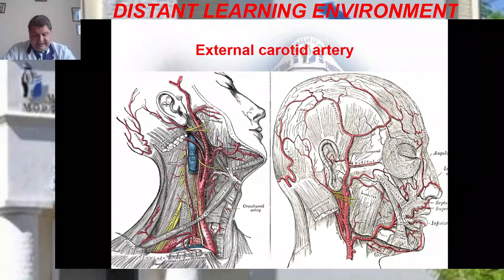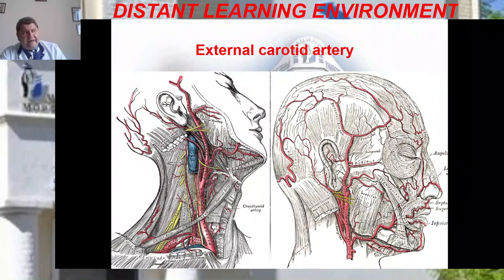And also it gives a branch for the auricle and also for the dura mater of the brain. These meningeal arteries, posterior meningeal arteries, pass through the occipital bone to the dura mater, and give a branch for these meninges.